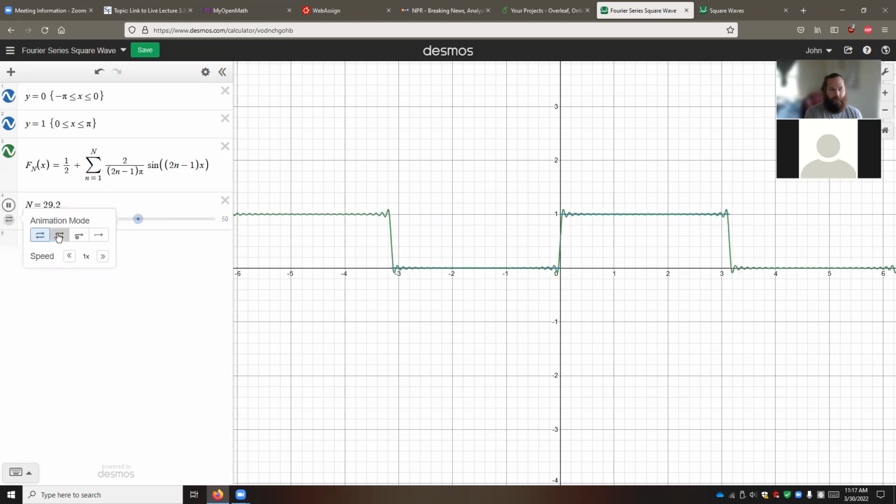So I'll set this to run just forwards. Kind of like watching a power series converge, only very, very different in the sort of behavior. I think it's pretty nifty. What we're really doing here is writing our function as a sum of sines and cosines. So I just thought it would be a neat thing to share with you. I had fun making this.